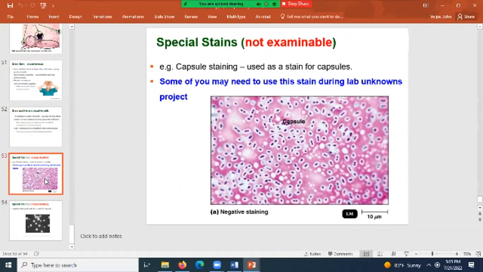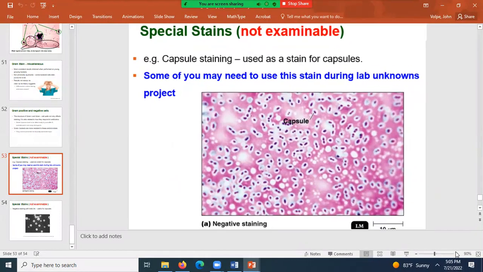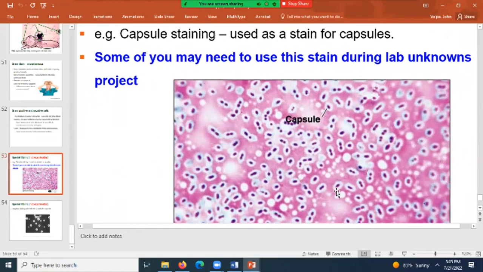Those aren't real big, but these are bigger. So in this one right here, the capsule, which is a glycocalyx, is much bigger than the cell. And sometimes they can be very large.